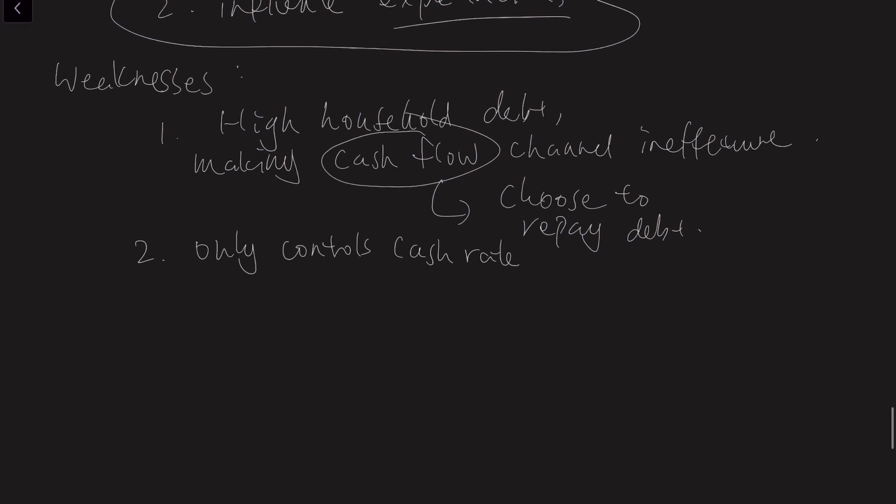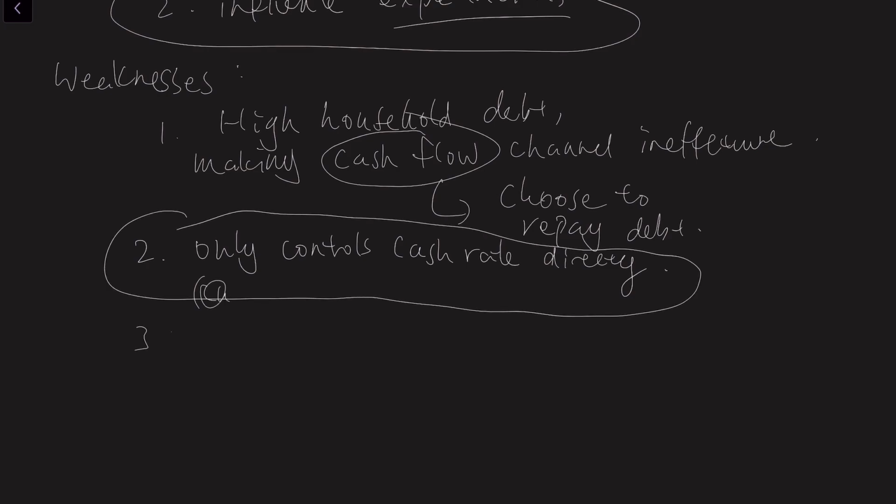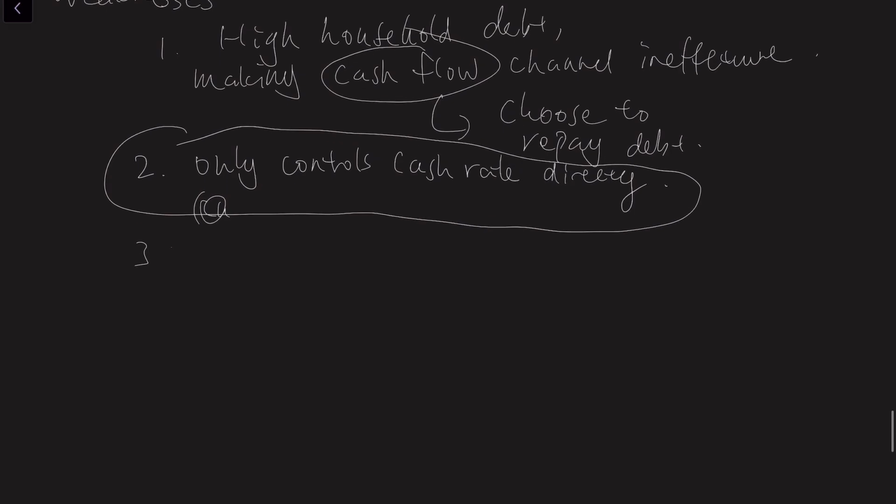The second weakness is it can only control cash rate directly. But this weakness can be addressed by using unconventional monetary policy. So it is really not a big problem nowadays with quantitative easing.